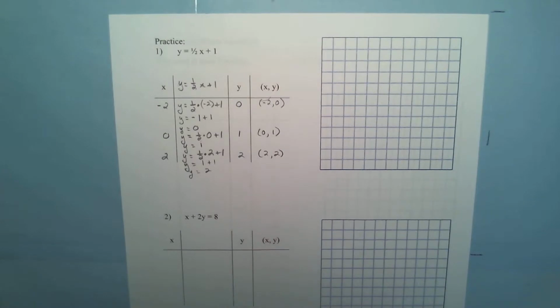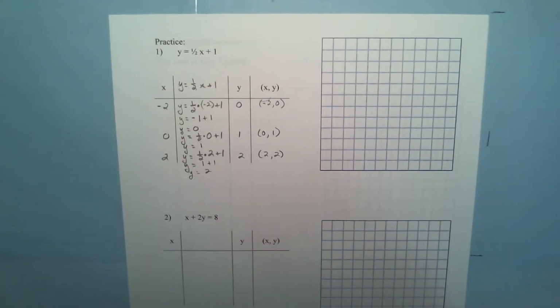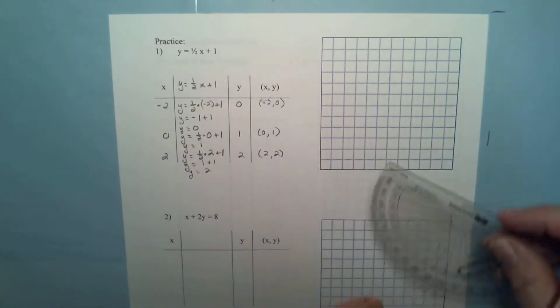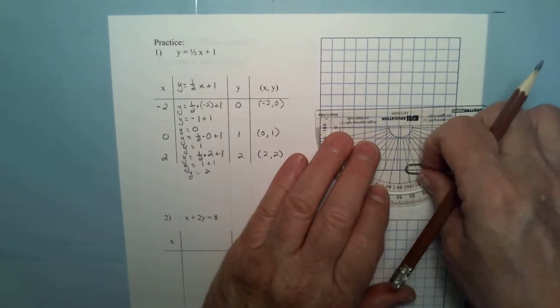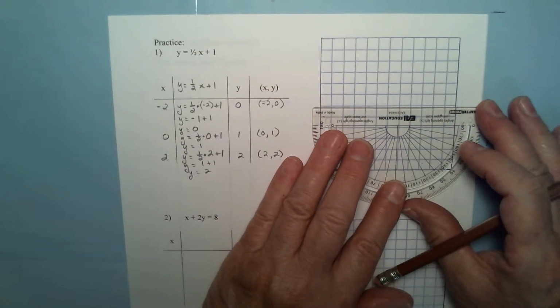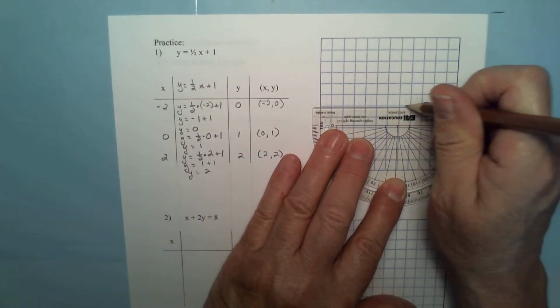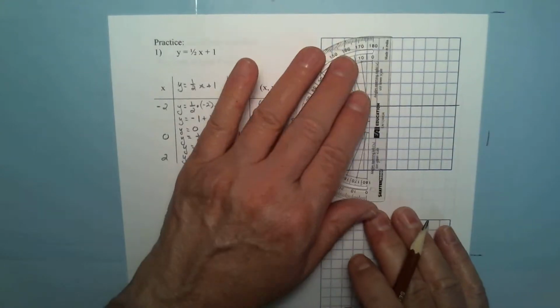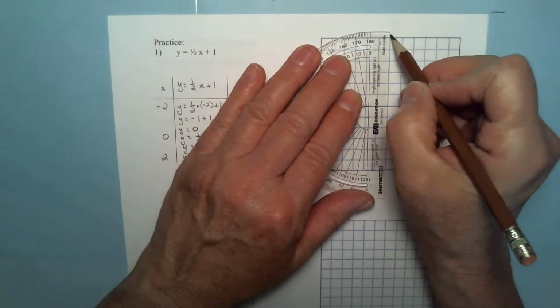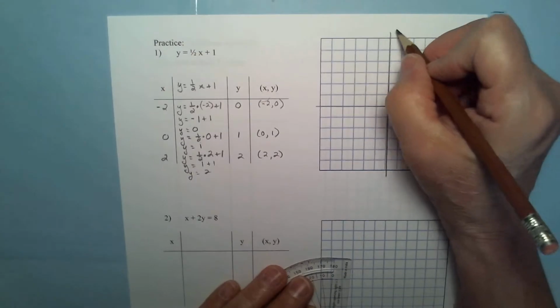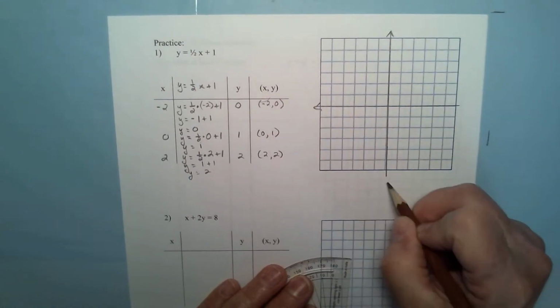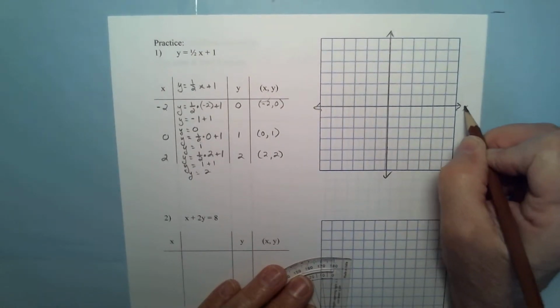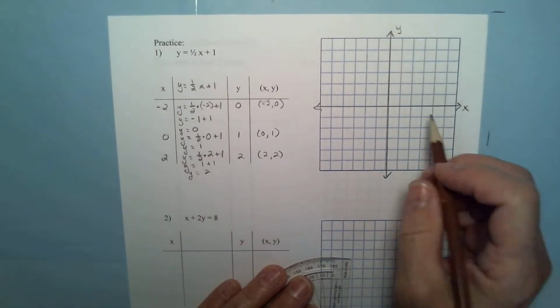So when I go to draw this on my grid, I want to make sure that I can get those numbers in there, and they're small enough that it shouldn't be a problem. So I'm going to draw my lines on here. Put arrows on. Call that the x-axis, the y-axis.